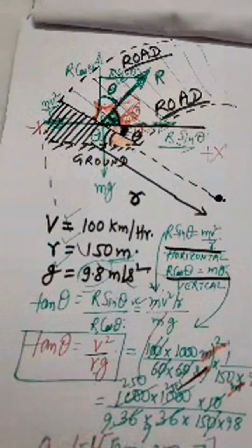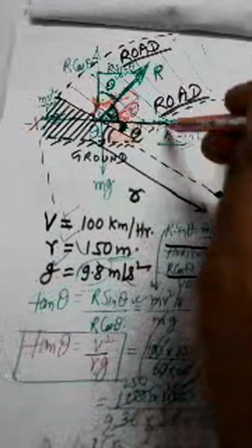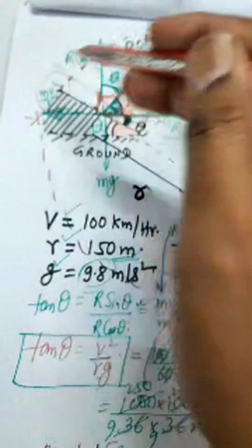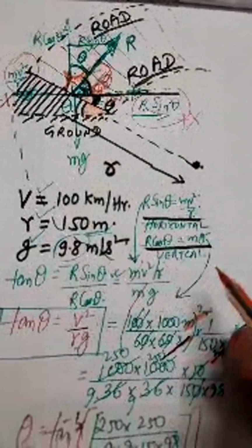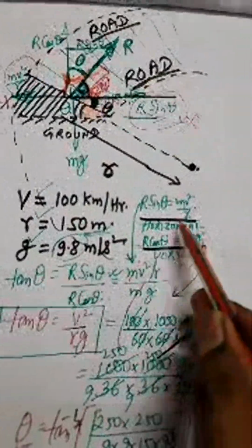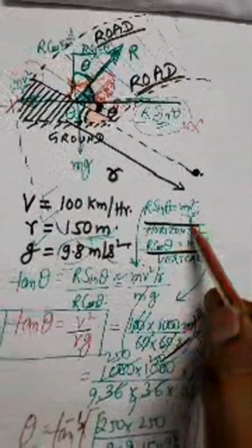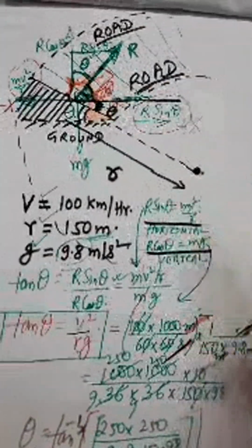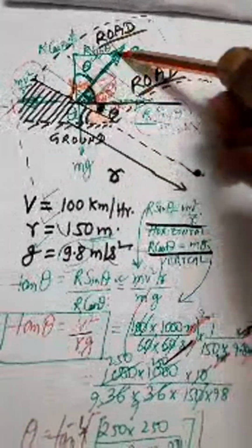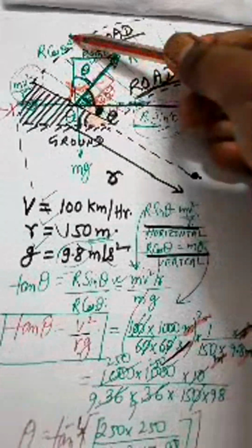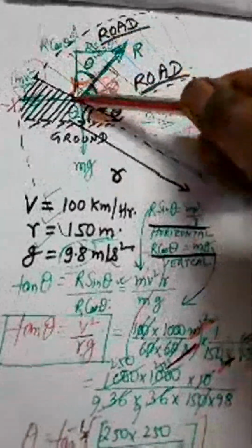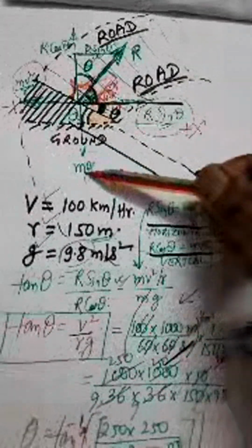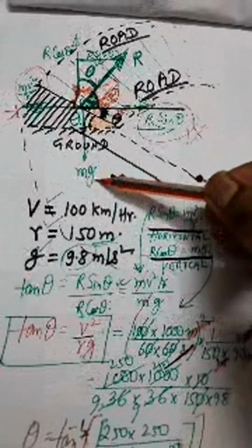You can see, both these forces are equated. That's why in the horizontal direction I've written R sin theta equal to mv square by r. Similarly, the component of R acting vertically upward is R cos theta, and this is compensated by the weight of that car, that is m into g.